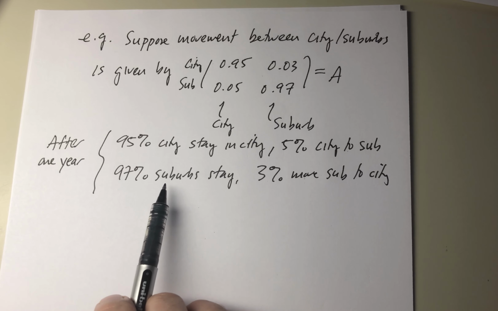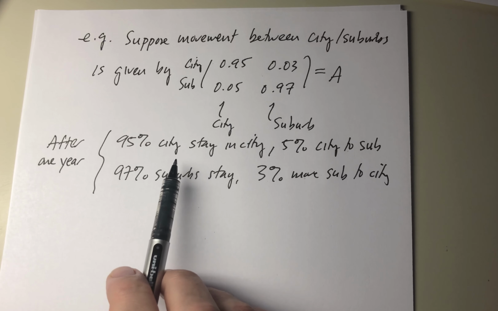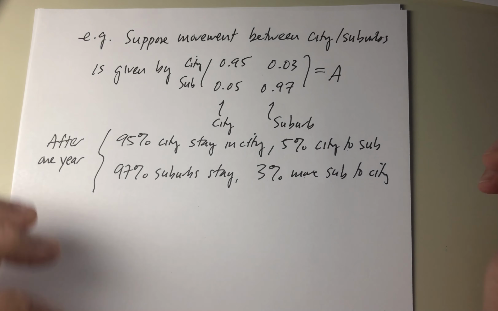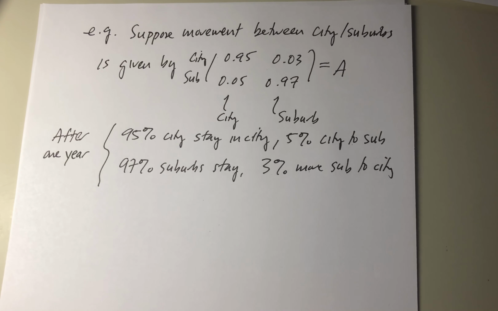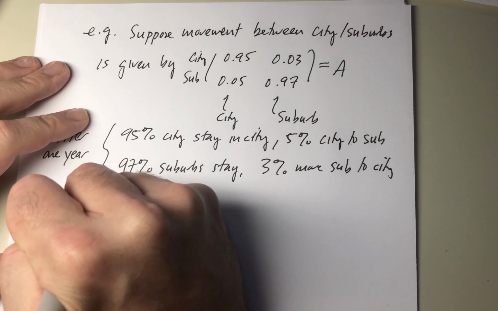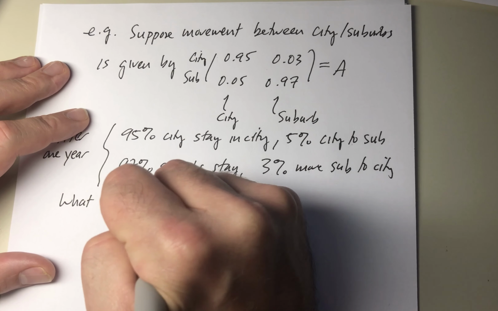Somehow in this model, more folks are moving to the suburbs. It's maybe more like the situation 10, 20 years ago. But anyway, this is a model for this particular setup. My question is, what is the long-term behavior?